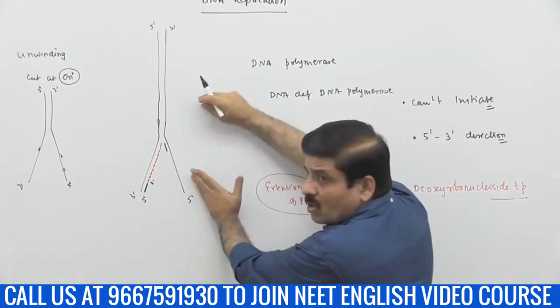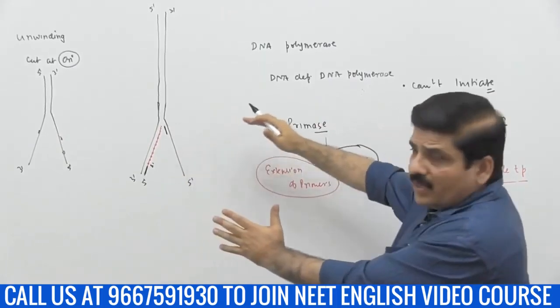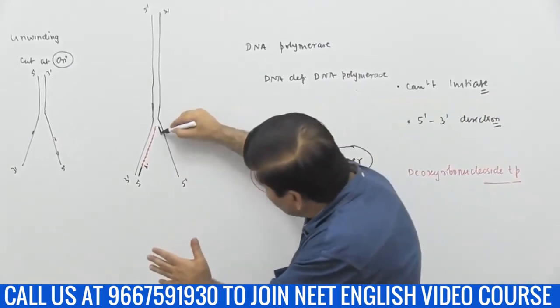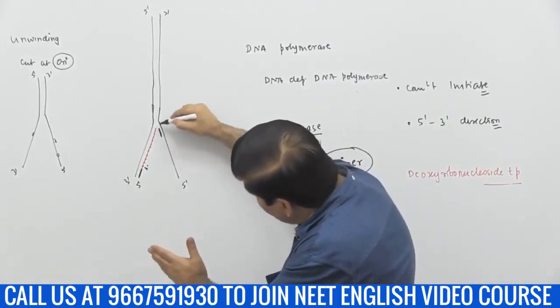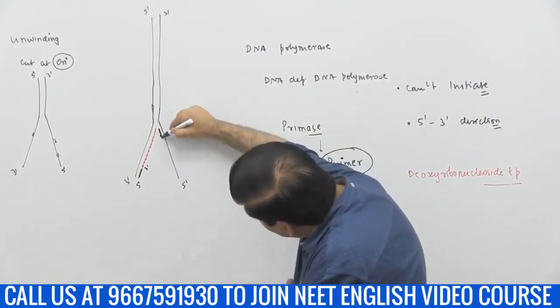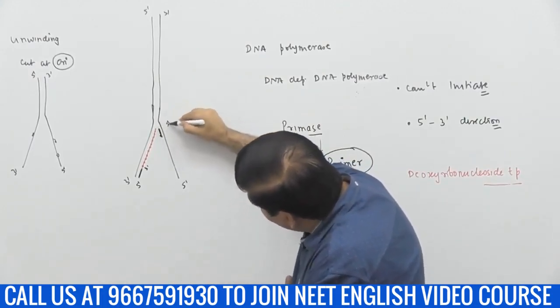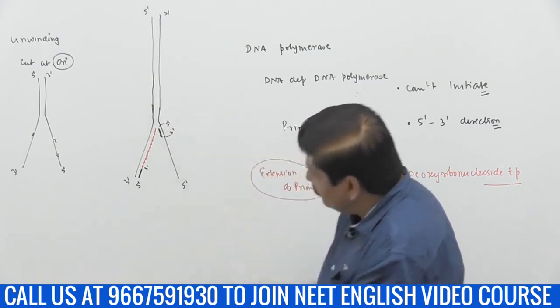Now you will allow this particular strand to open up a little bit, and then you will synthesize a primer. Remember, if I am synthesizing the primer in this direction, this direction is 5' to 3'. This is the 5' end, and this is the 3' end of the primer.